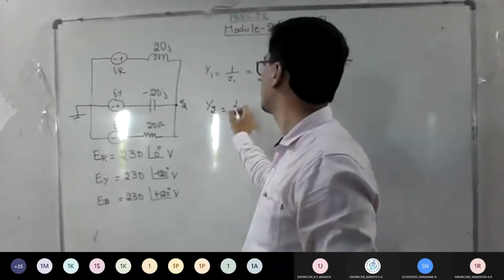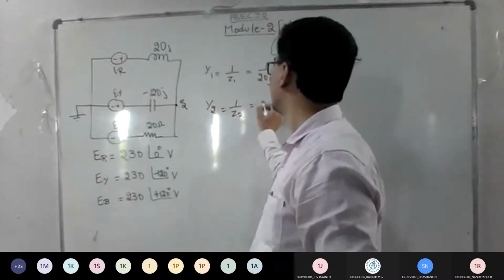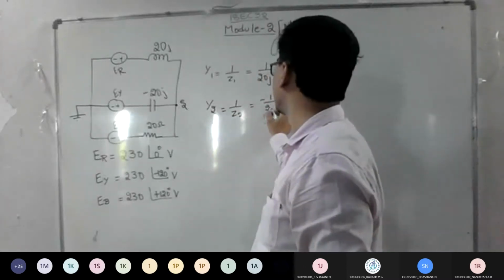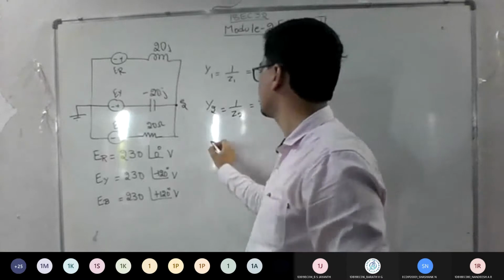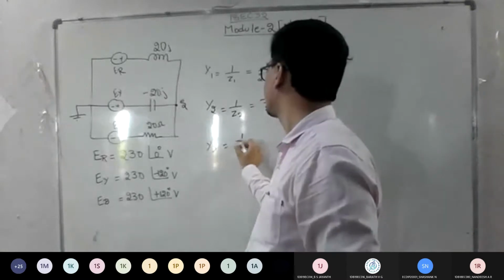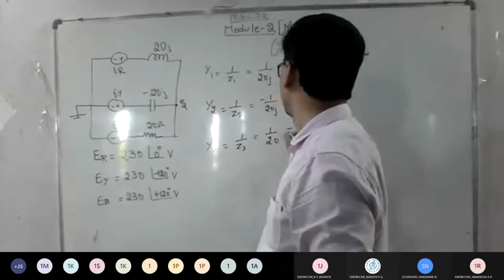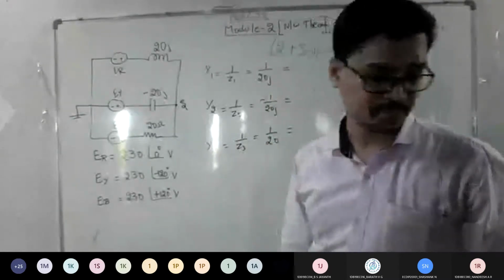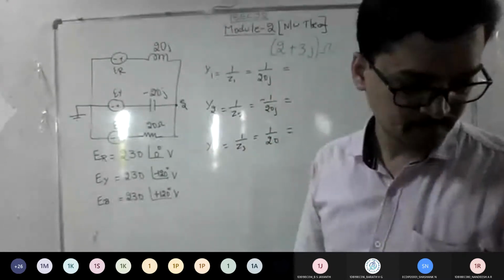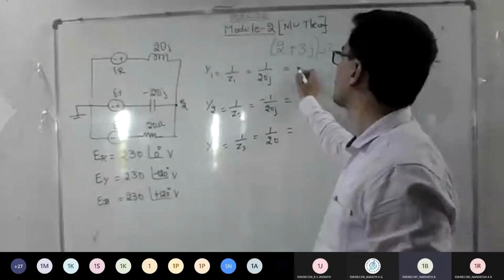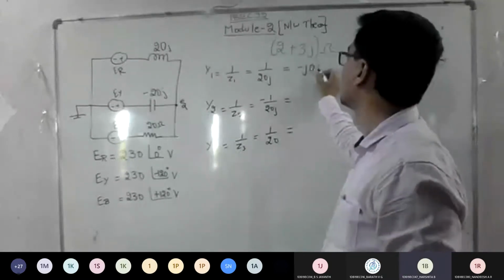Similarly, y2 equals 1 by z2. It's minus 1 by 20j. And last y3, it's 1 by z3, which equals 1 by 20. What is the answer for y1 here? Minus 0.05 j, sir. Okay, minus 0.05j.